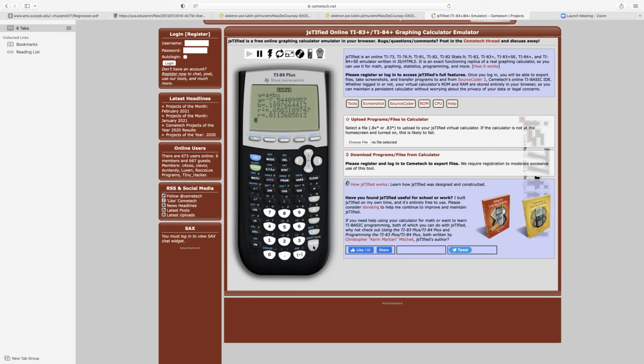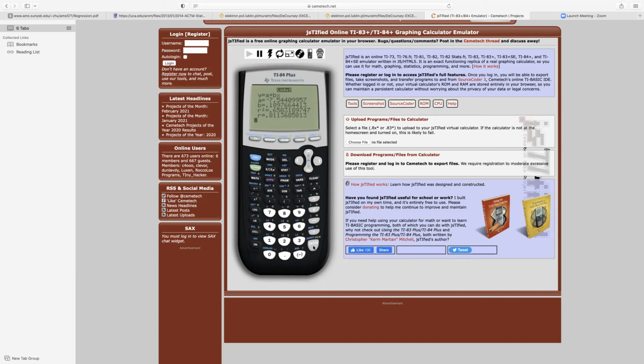You have what A and B are. So you just write the equation: y hat equals A, which is negative 7.54, plus bx. B is 0.1897, times x.